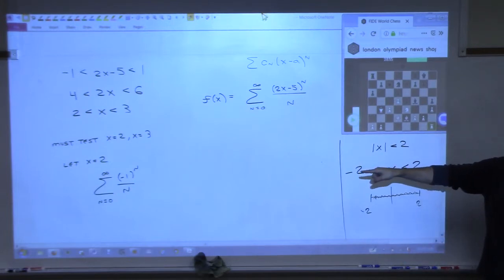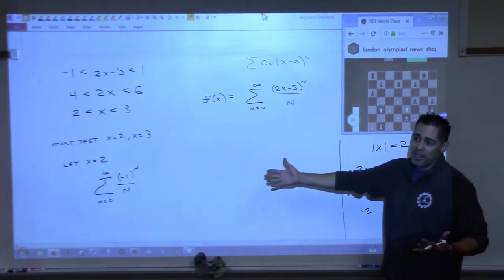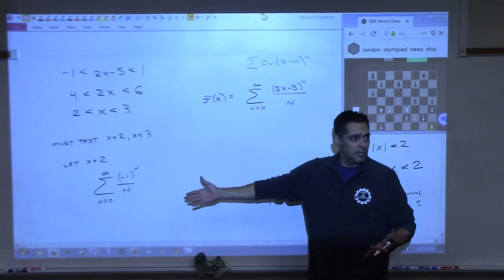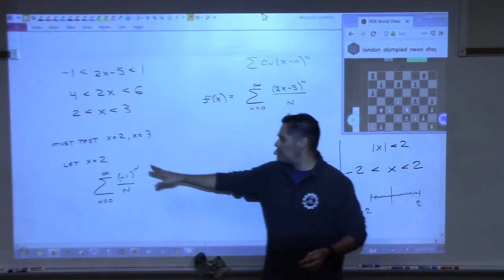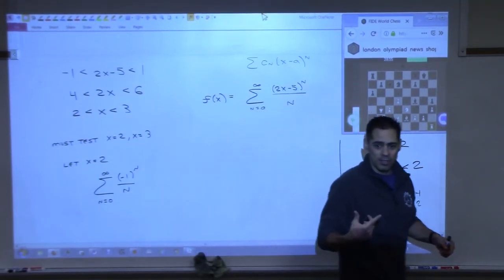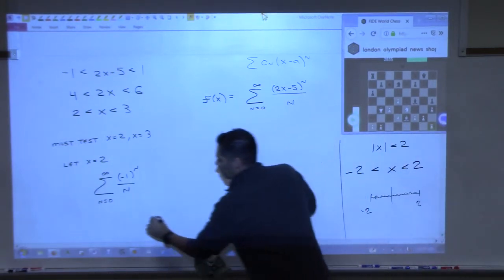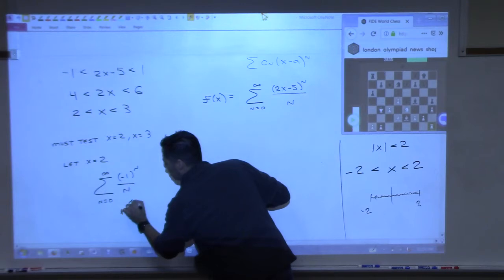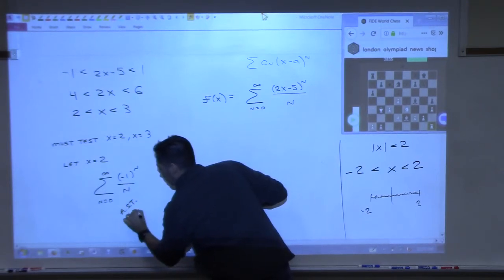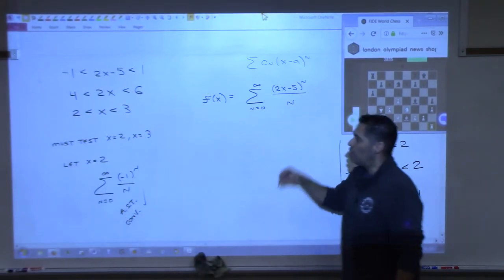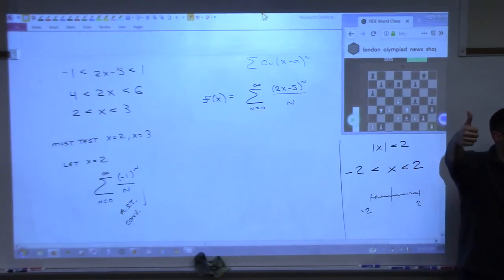That converges how? Alternating series test, right? You can't use the absolute value, because if you take the absolute value of that, it's going to diverge. So alternating series test converges, check.